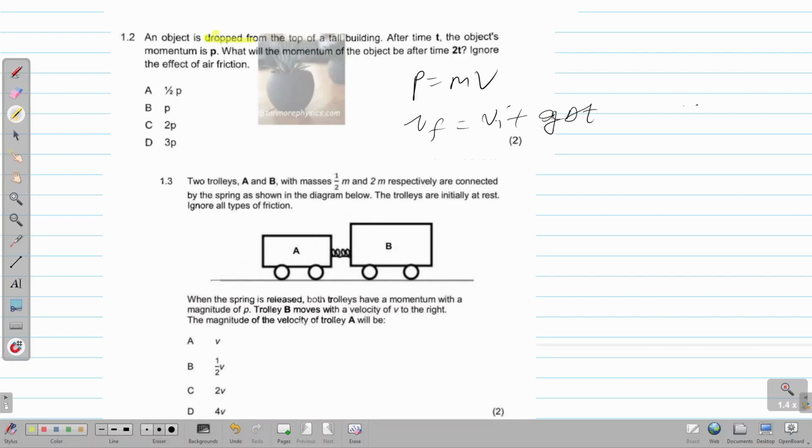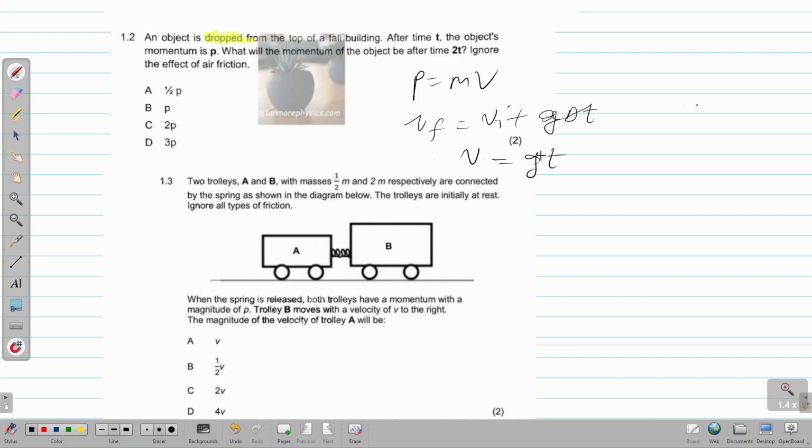So the v initial is 0, and the velocity at this time t, which I'm just going to put as v, is equal to 0 plus g times t.